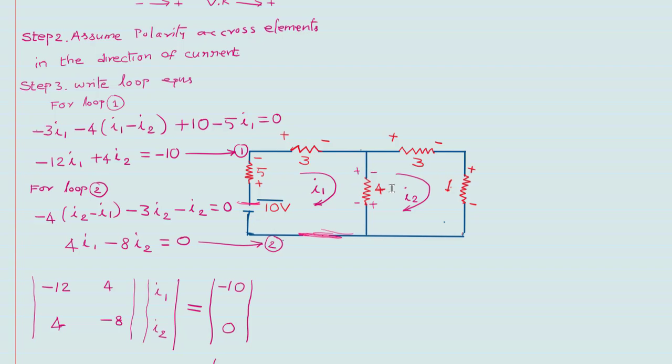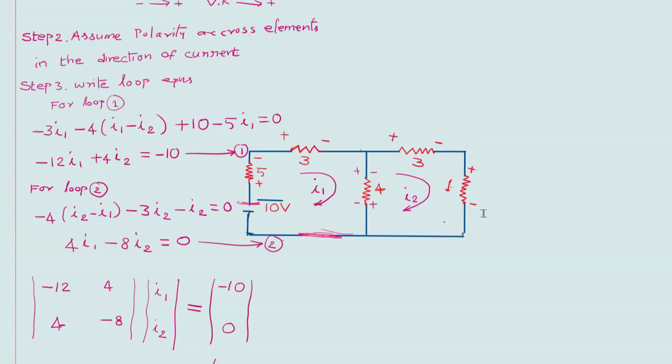Similarly, for the second loop, this is the I2 current flowing in the clockwise direction. So we start giving the polarity of voltage across each element. We start at the 3 ohm resistor. I2 enters the 3 ohm resistor here, so we say that is positive. Then here current leaves, so this becomes negative. Similarly, I2 enters here, so the entering point we call the positive terminal.